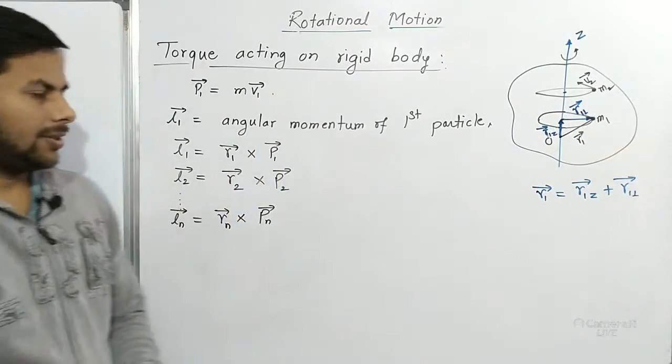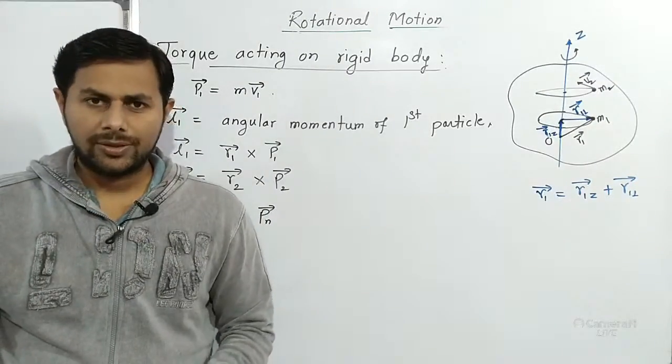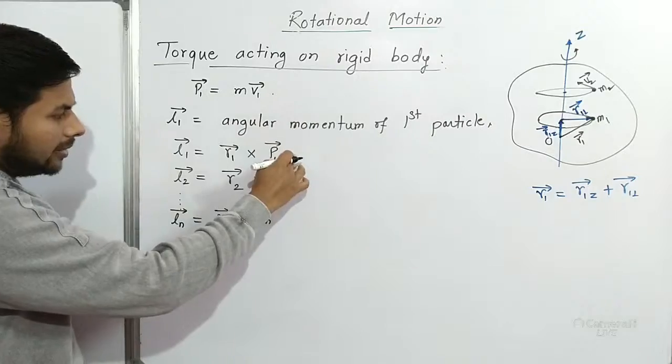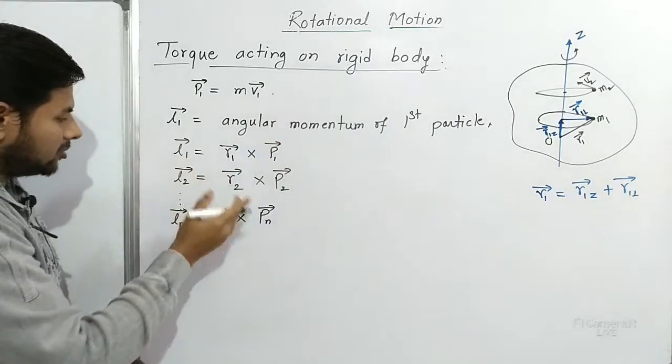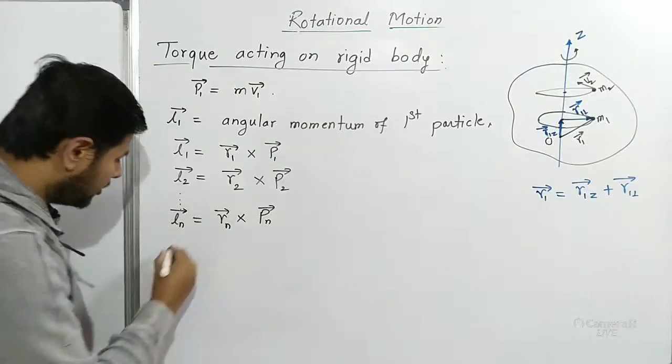Now, what will be the total angular momentum of the body? The total angular momentum is the sum of all these angular momenta. Let's call it L bar: L1 bar plus L2 bar plus so on and so forth up to plus Ln bar.